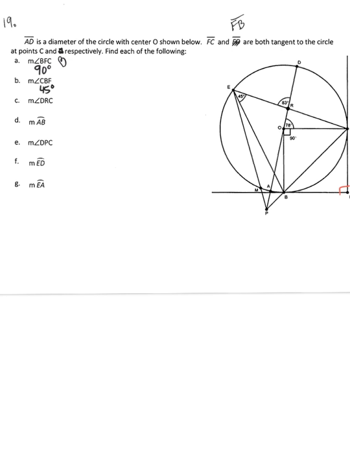Measure of angle D to R to C, that's right here. Well, I see that those two angles together form a straight line. So angle DRC would just be 180 degrees minus the 83 that is already there. So that gives me an angle of 97 degrees for angle DRC.